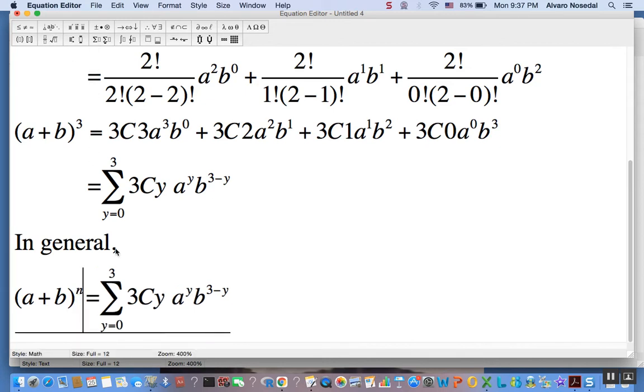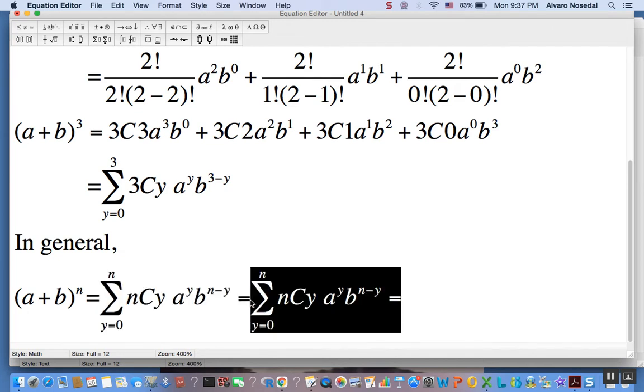So then it would be n here, and it would be n choose y, a to the power of y, b to the power of n minus y.